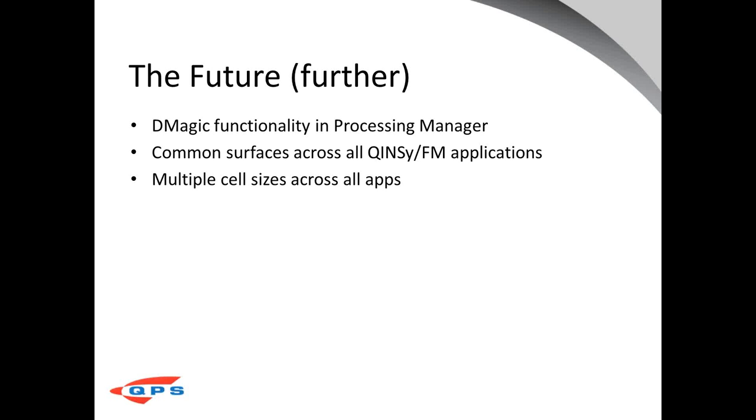And again, common DTM surfaces across all the applications, so that the same surface, same file is opened up in everything. And then of course what everybody wants is multiple cell sizes, real-time processing and all the rest of it. This will go with the common surfaces because there will be multiple cell sizes. So that's the bit further off.